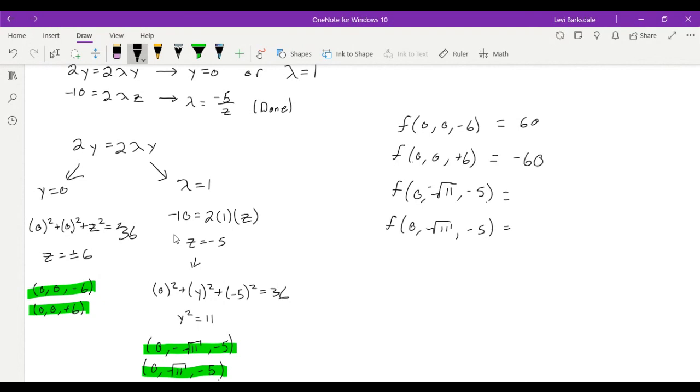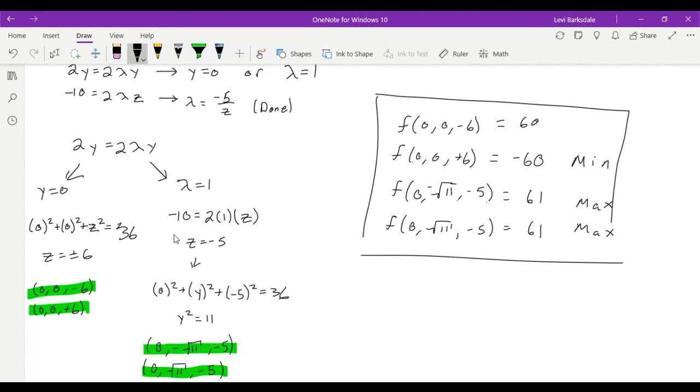For the other two points we get 61, the same for our final one. So we can see that (0, 0, positive 6) is a minimum, the other two critical points are maximums, and our first point is neither.